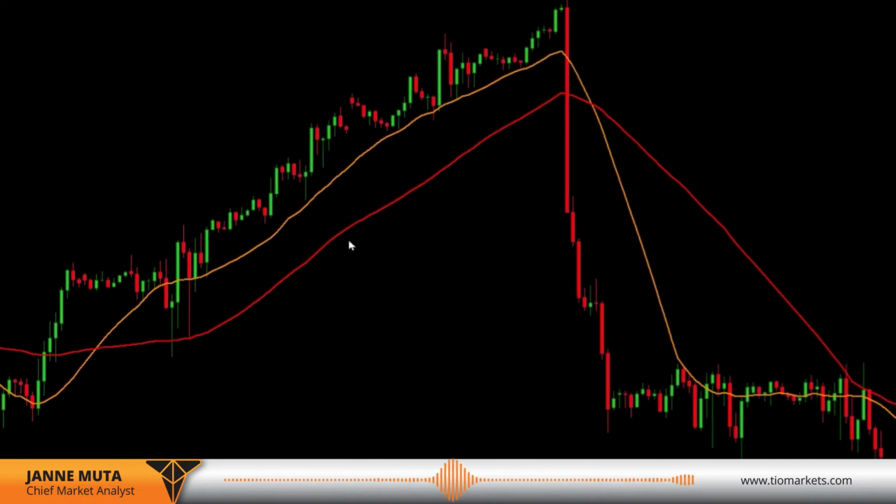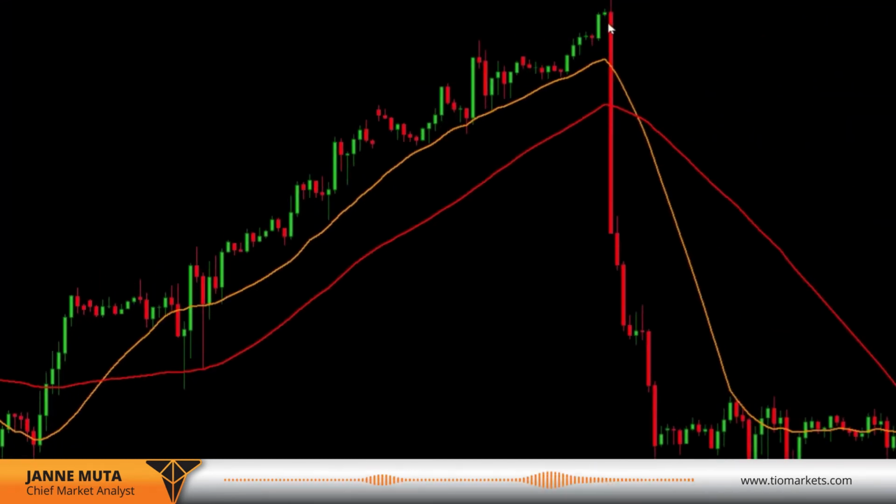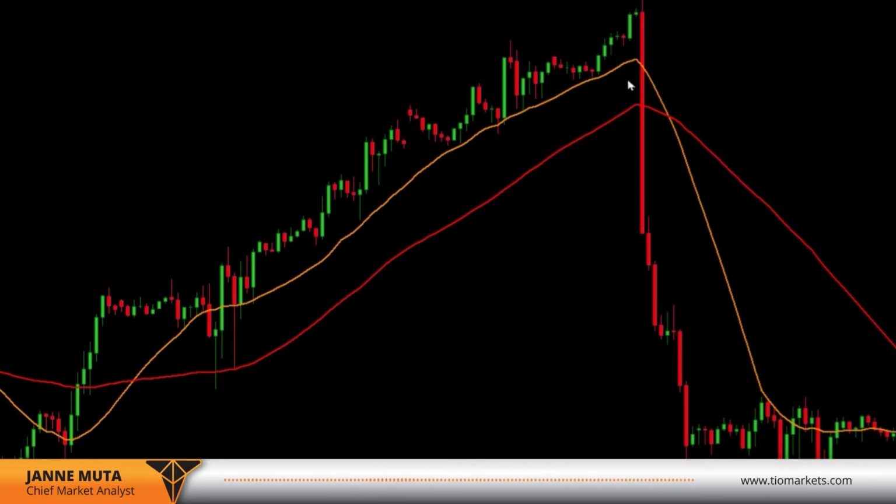So when you have this setup, you shouldn't be looking for shorts, even though eventually in this situation here, there was a dramatic move lower. But if you think about trading in terms of your next 10,000 trades, then you want something that is repeatable, something that happens over and over again.